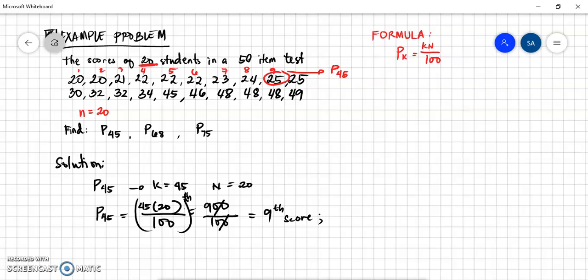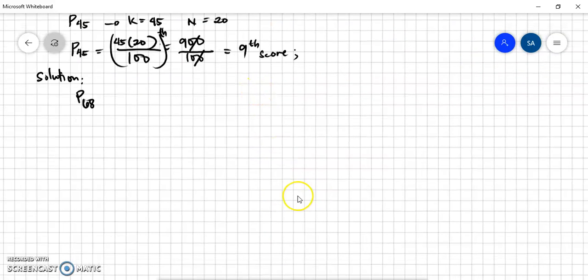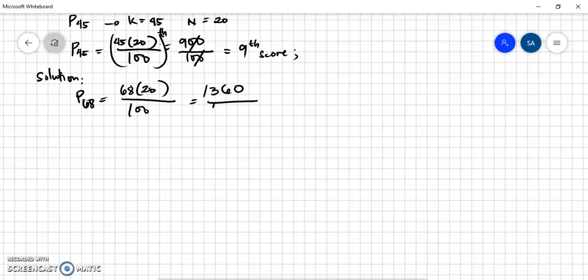Next, let's have the solution again for P sub 68. Okay, so for P sub 68, we have 68 times 20 scores over 100. So 68 times 20 is equal to 1,360 divided by 100. That is equal to 13.60. Approximately, this is 14.